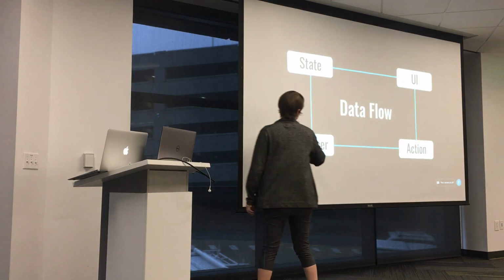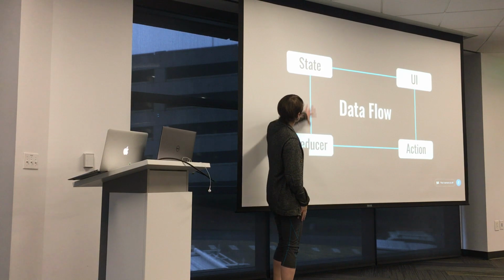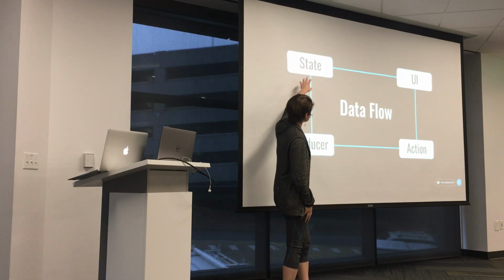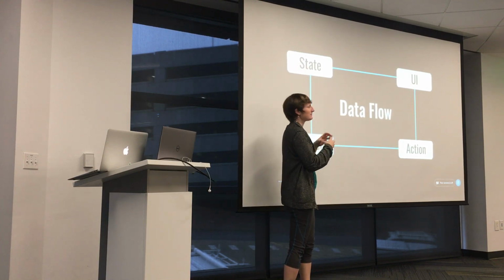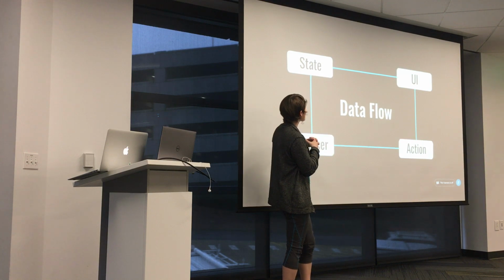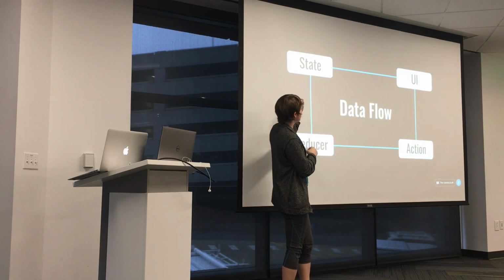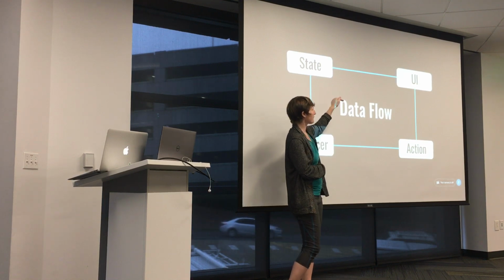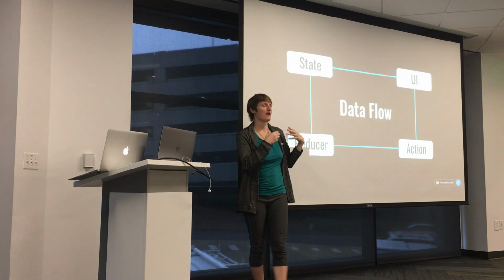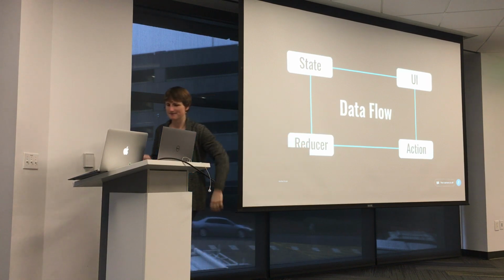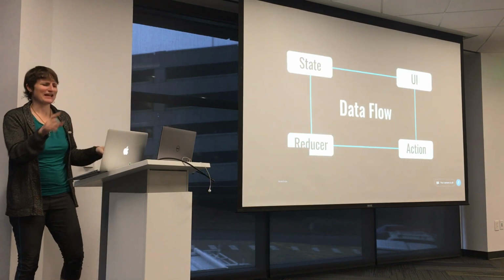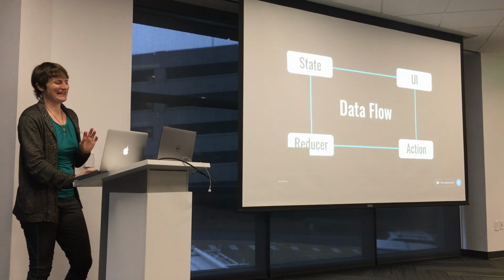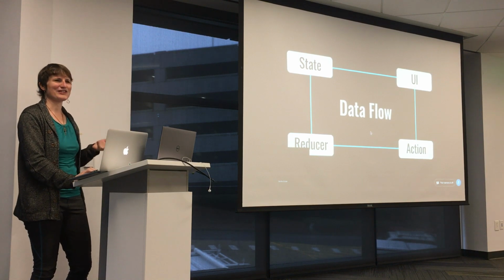The reducer takes the previous state and the action and returns a new state. And then that state, with the shallow comparison we talked about before, whatever is different between the previous state and the new state, updates whatever components depend on that property of state. Basic data flow.